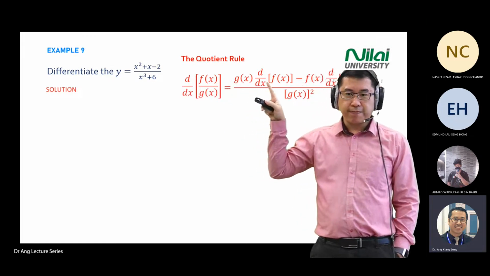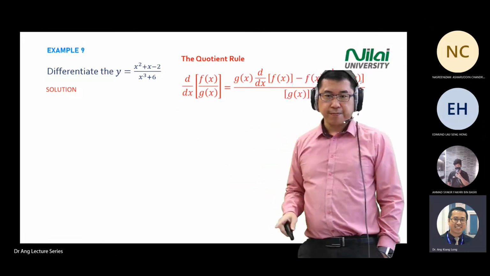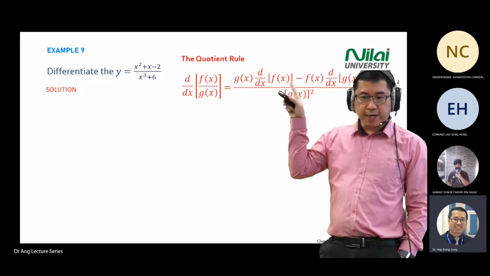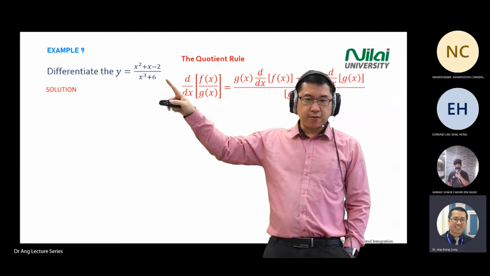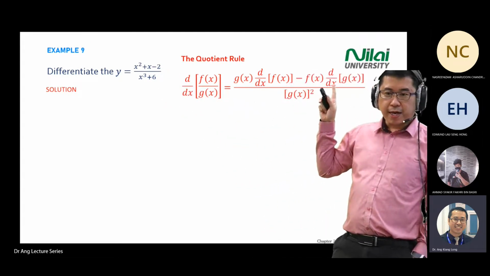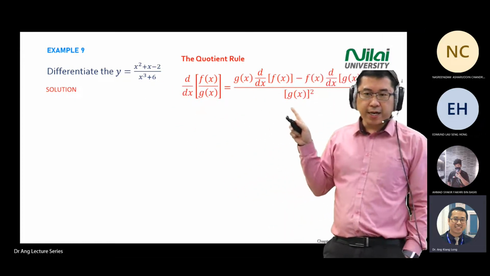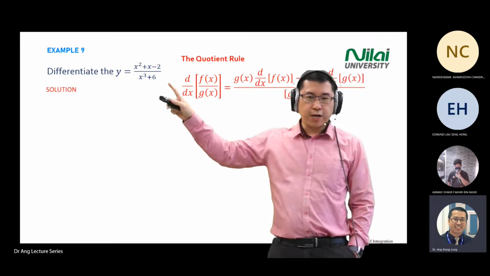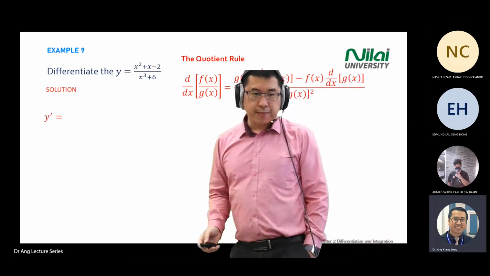Then you multiply with the differentiation of f x, this one. Minus, again, if you divide, you use minus. Minus f x. What is f x? F x is this one. And multiply by the differentiation of g x, which is this one. Then the bottom one is squared, the whole function you square. Okay. Let's do a little bit of exercise.